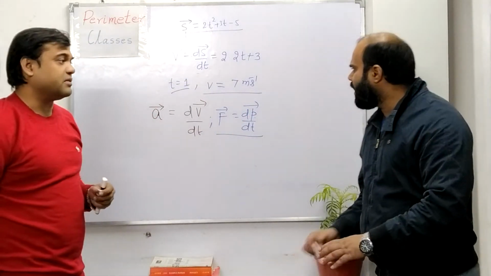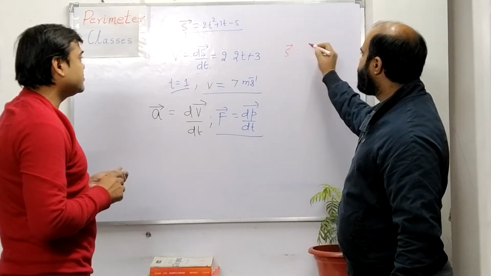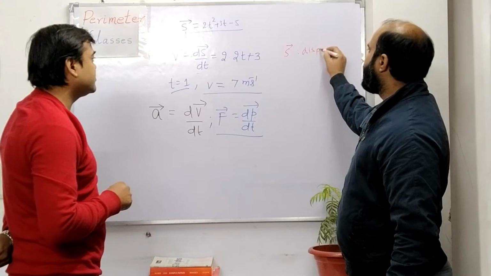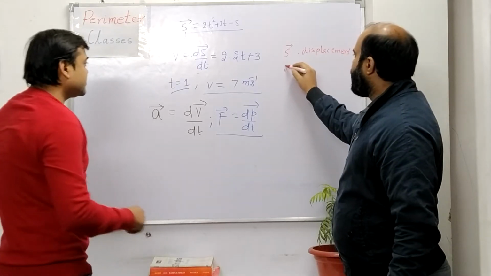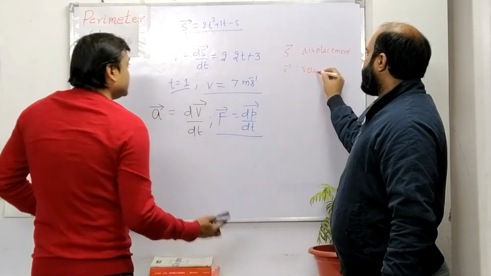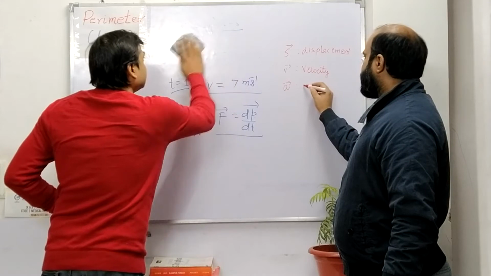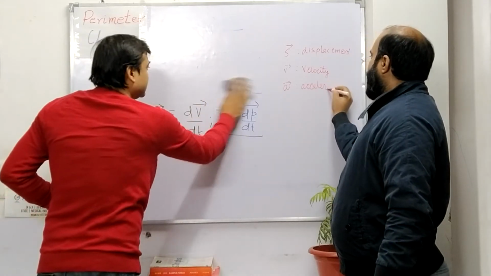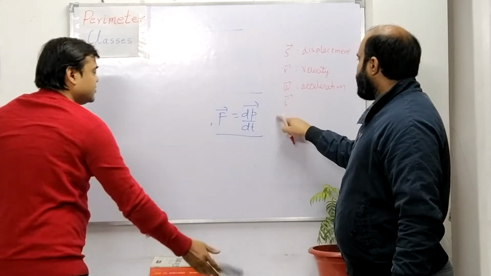at a given time. Can we explain this like here, that S which is written here is actually displacement? Yes. And if we talk about V, it is actually velocity. Yes. And if we talk about acceleration, this is denoted by A, and finally this F is force here.